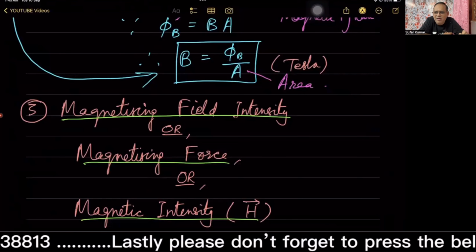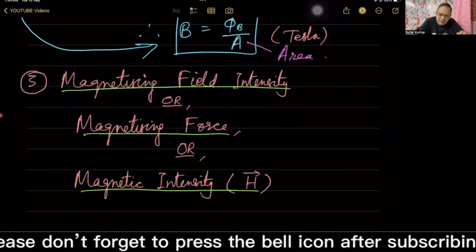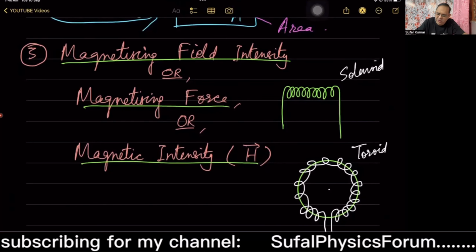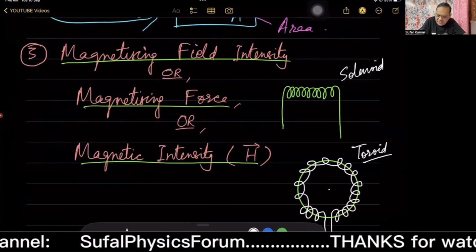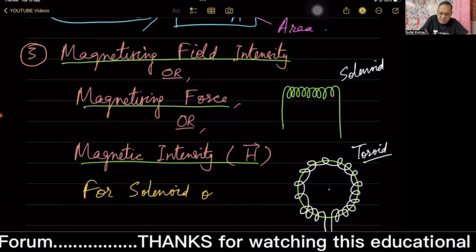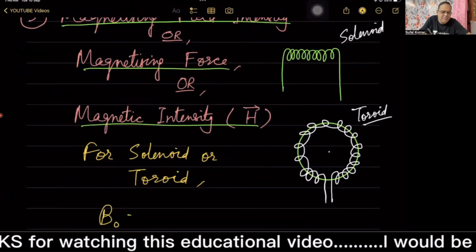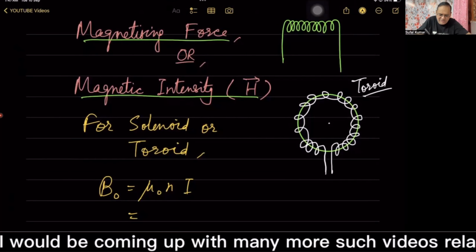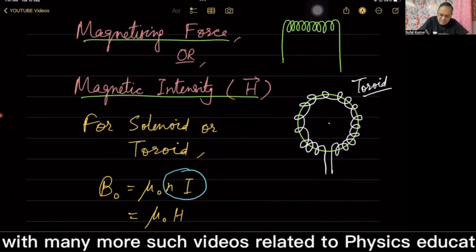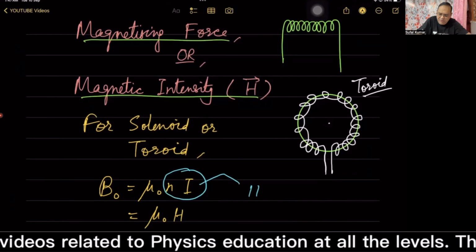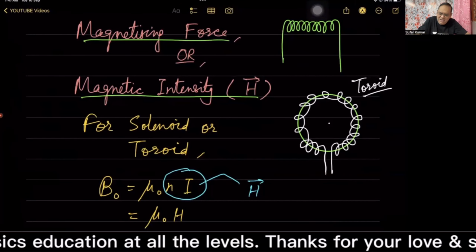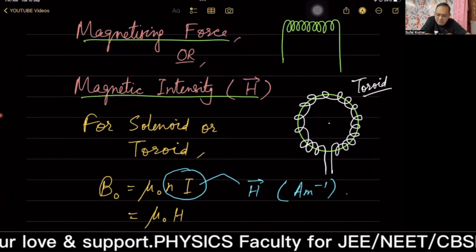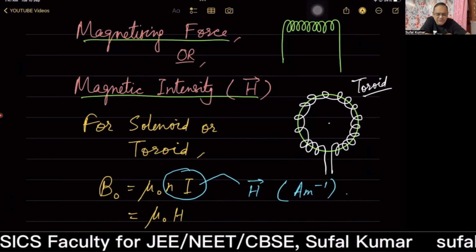We have discussed solenoid and toroid already. Very rightly, for a solenoid or toroid, B naught is mu naught N I, that is mu naught H. This is the H vector, whose SI unit is ampere per meter. We can determine it also through these formulas.